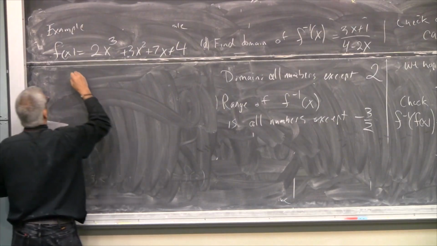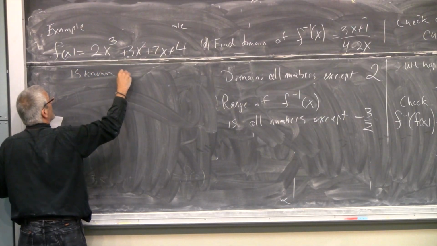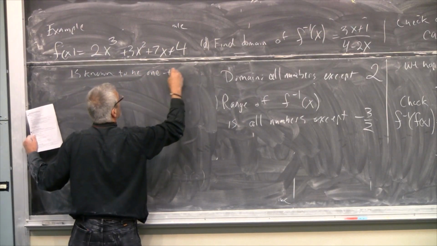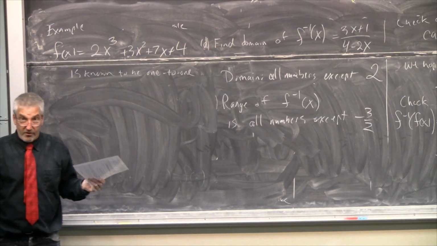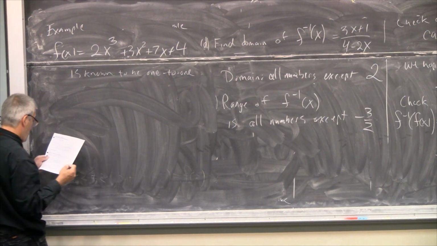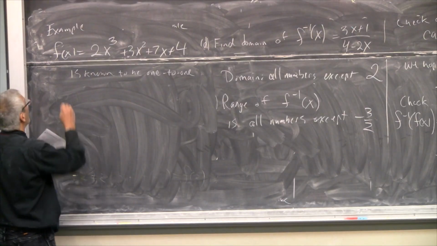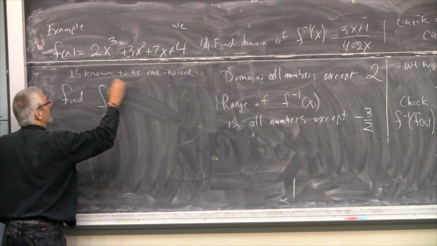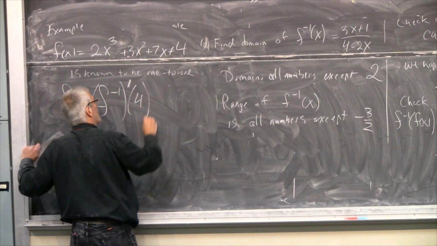That function is known to be one-to-one. So the implication of that is that this function has an inverse function. So find f inverse prime at 4.